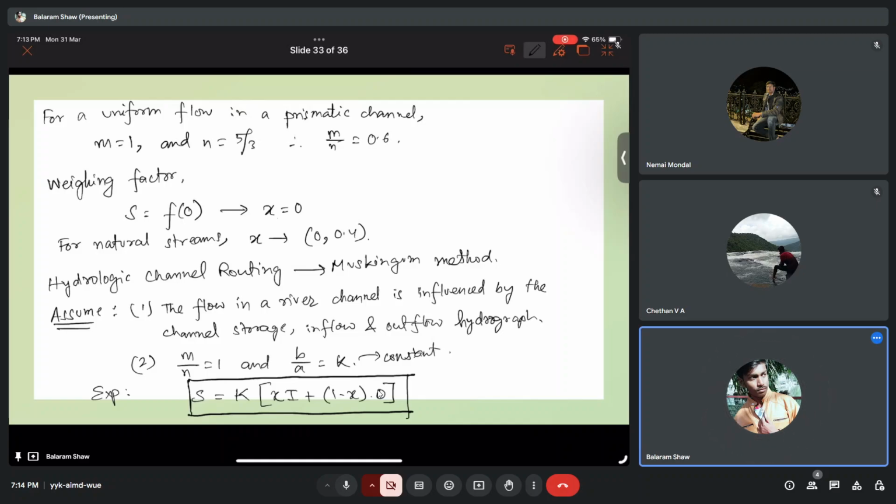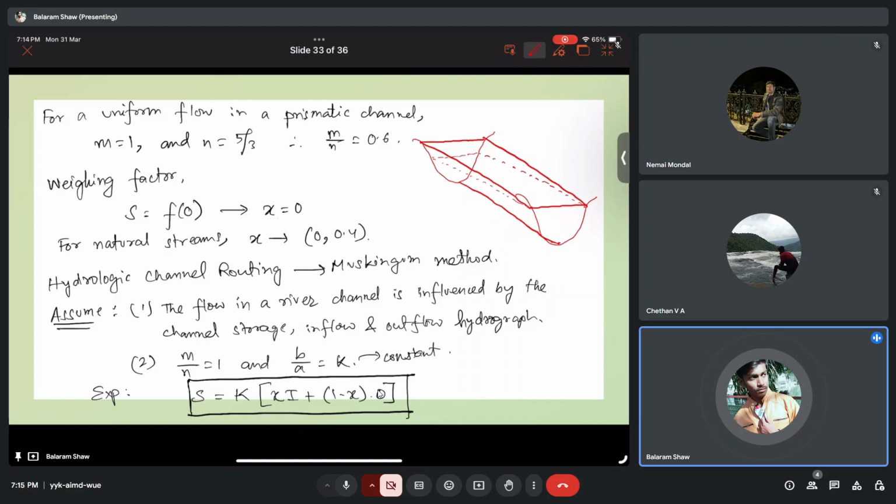Let me draw that again here so that it is more clear. We have seen this is the inflow and this is the outflow.